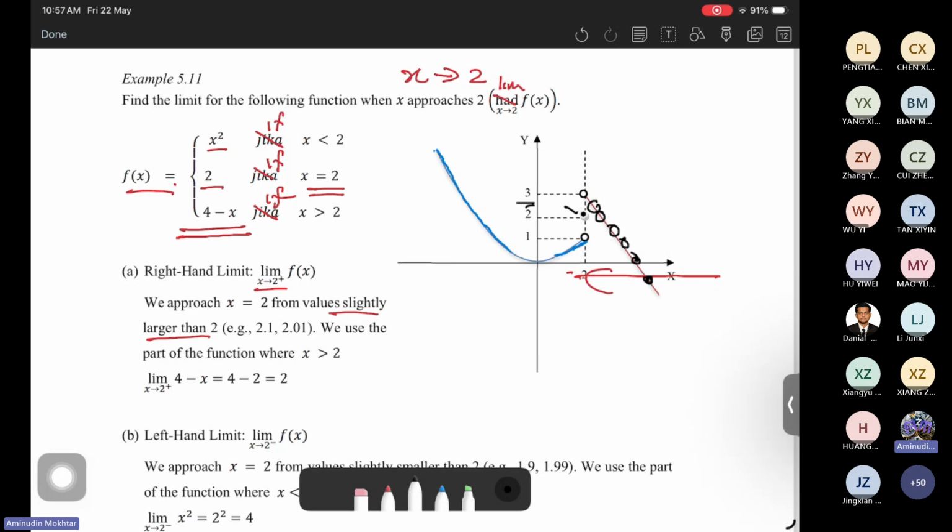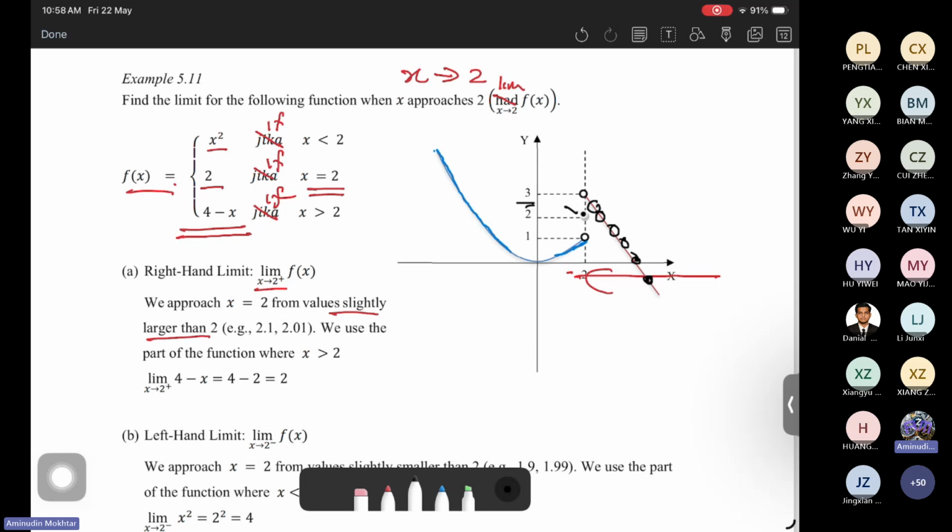When x approaches 2 from the left, the function 4 minus... what is the function? 4 minus x when x approaches 2 from the right. 4 minus 2, I think there is some mistake here.